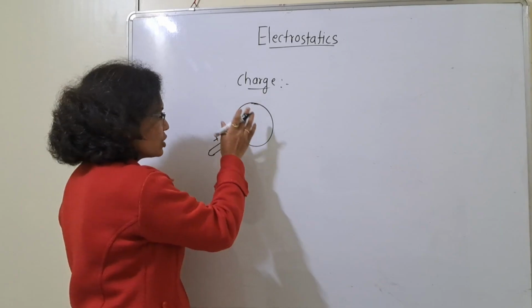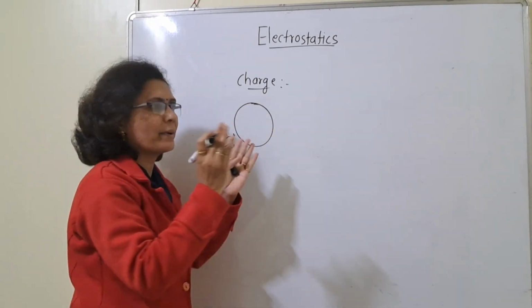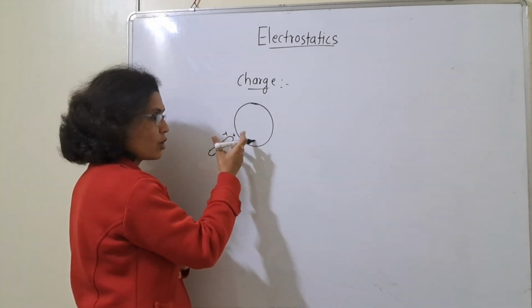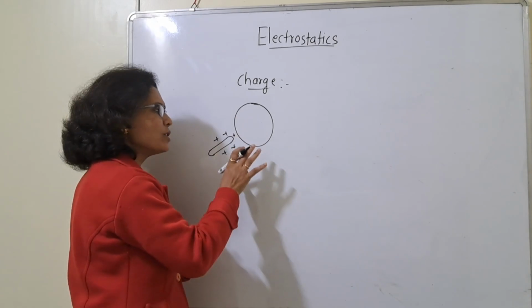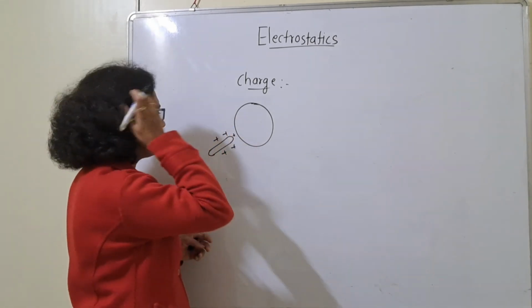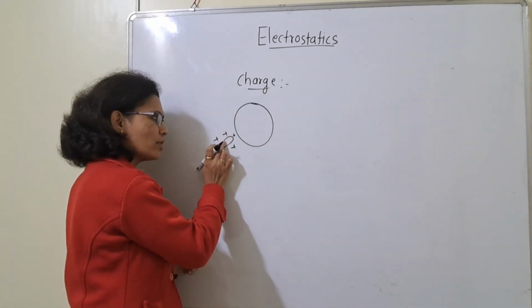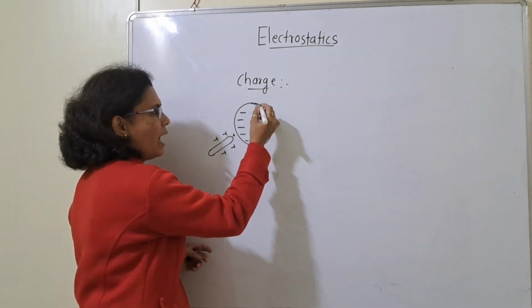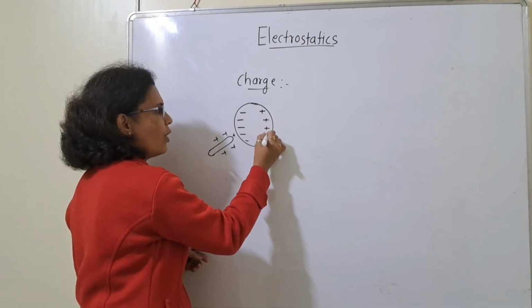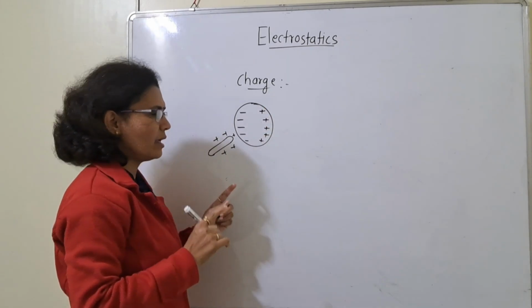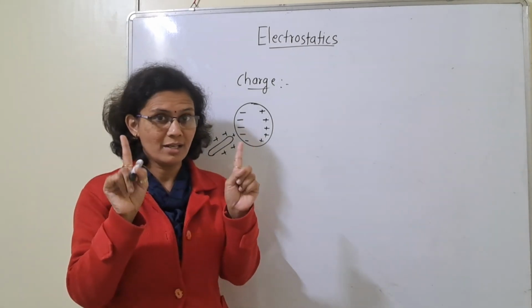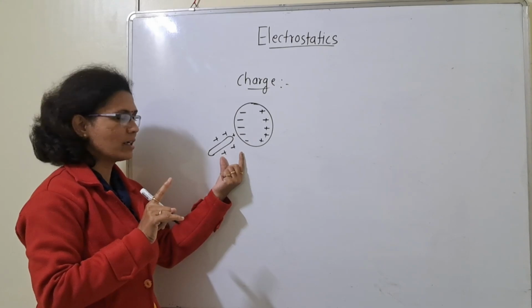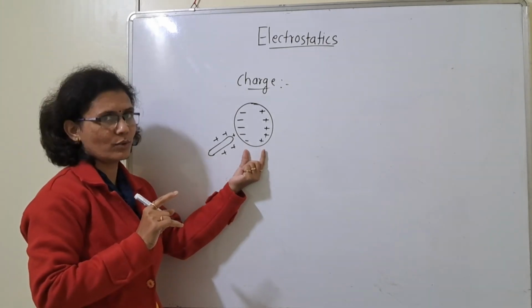The charges inside the body will get separated, because there is attraction between unlike charges and repulsion between like charges. So negative charge will come on the side near the rod and positive charge will shift to the other side. Positive and negative charge get separated because I have brought the positively charged rod near the neutral body.